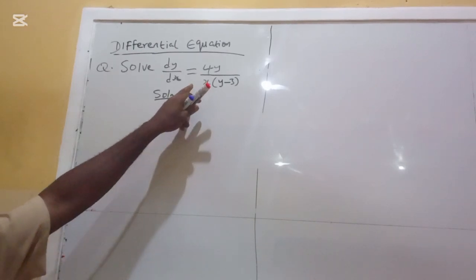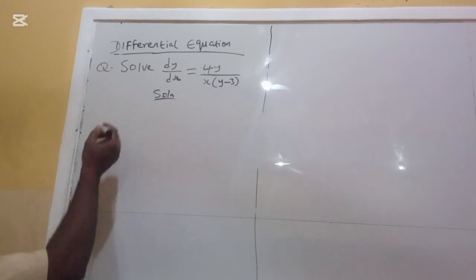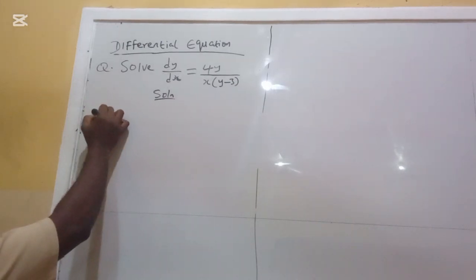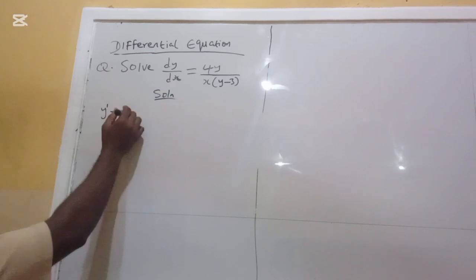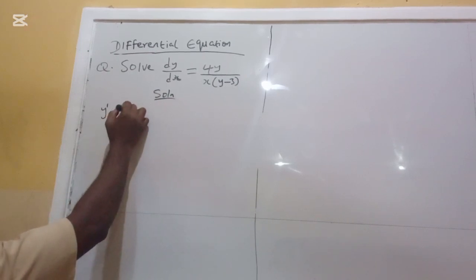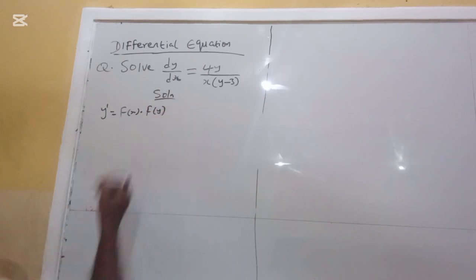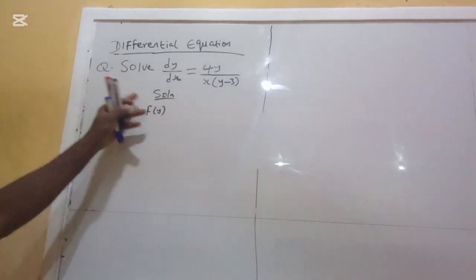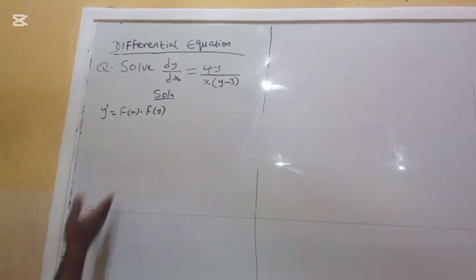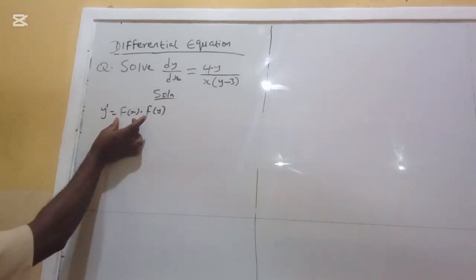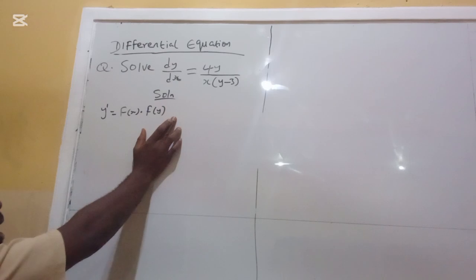Now looking at the problem given to us to solve, recall that a differential equation is separable if it's of the form y prime equals f of x times f of y. That means whenever a differential equation is of this form, it is separable, because we can separate the function of x from the function of y.